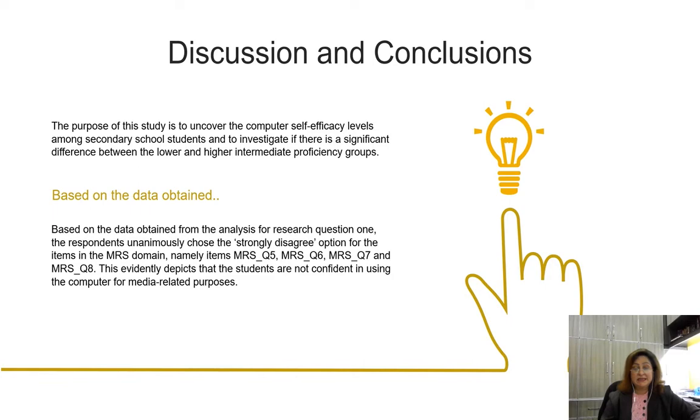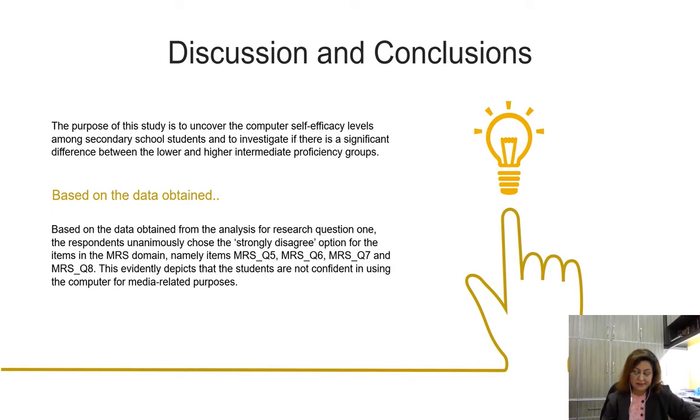The purpose of this study is to discover the computer self-efficacy among secondary school students and to investigate if there is a significant difference between the lower and higher intermediate proficiency groups. Based on the data obtained from the analysis for research question 1, the respondents unanimously chose the strongly disagree option for the items in media-related skills domain.